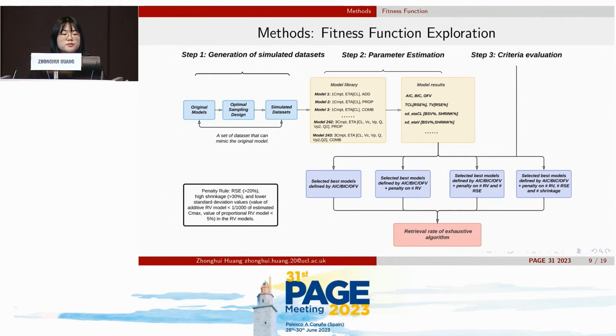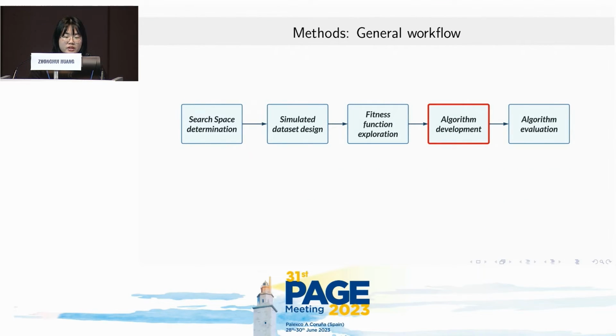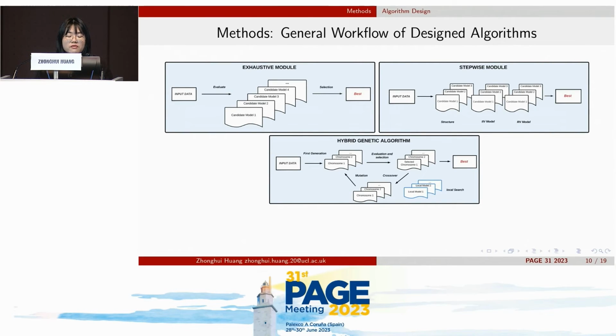After the exploration of the fitness function, it comes to the algorithm development. Firstly, I will show you the workflow of the 3 algorithms. The first one is the exhaustive algorithm. It is easy to understand that we test all of the candidate models in the search space.